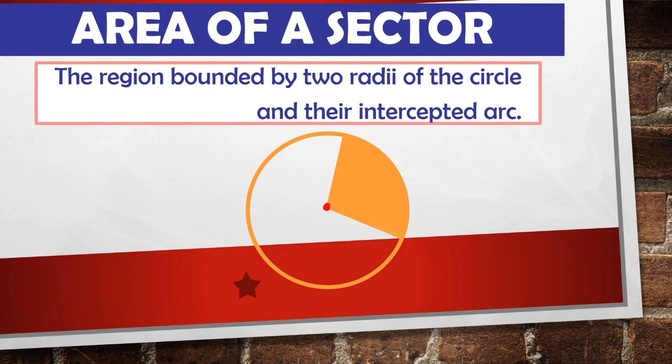So, titingnan ninyo, present ba yan, characteristics na yan para maging sector. Kasi, hindi naman sasabihin sa inyo kung anong gagamitin ninyong formula, kung area of a sector ba or area of a segment. So, ang tatandaan yun yung elements para ma-determine na siya sector, which are 2 radii and intercepted arc.